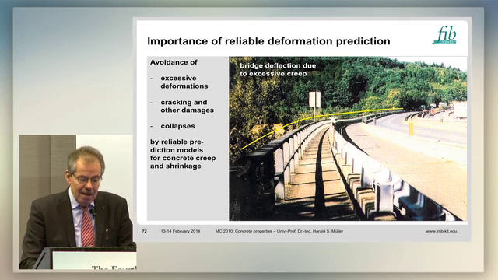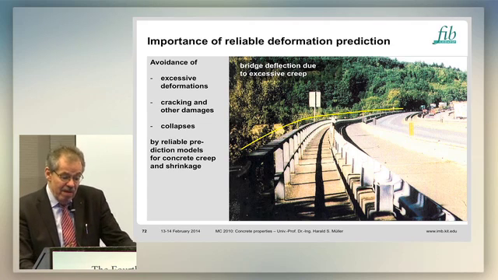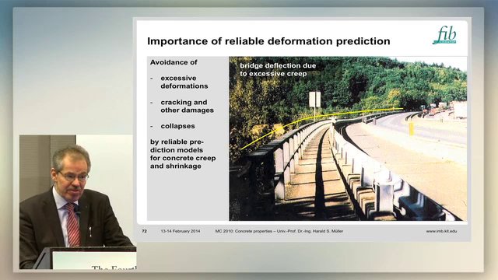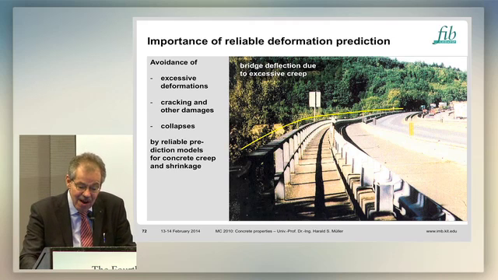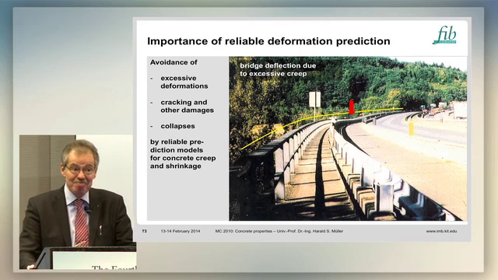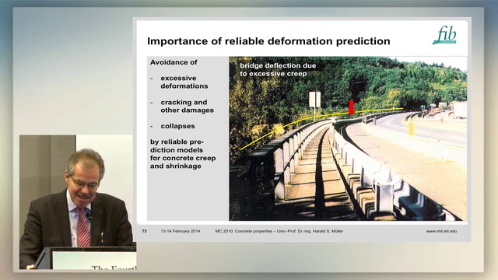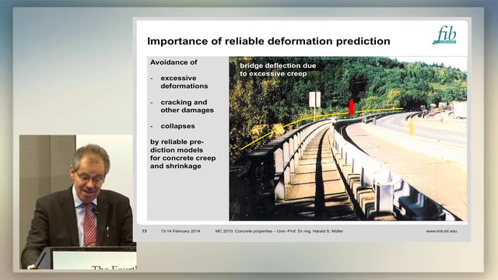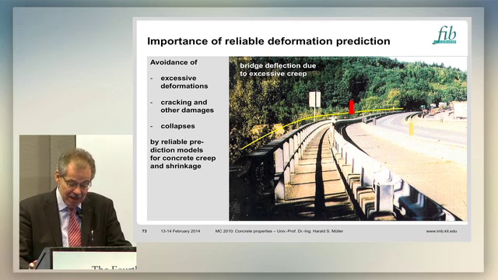Well, this is very important to have a reliable deformation prediction. And so this is some example from Germany, a bridge which has been breaking down, and you can see very easily that the deformations being due to a wrong prediction of the creep is so excessive that the bridge has been completely rebuilt.